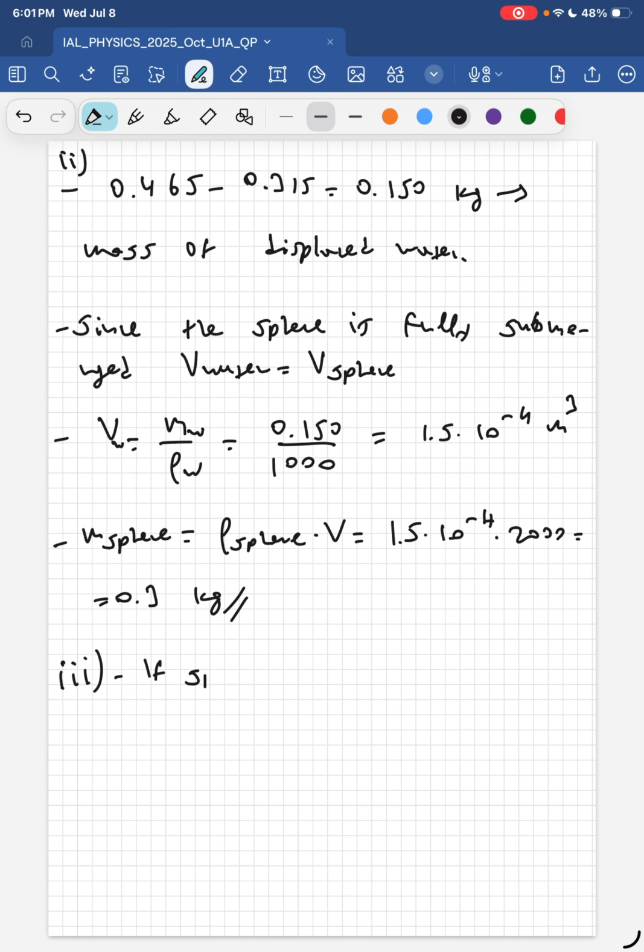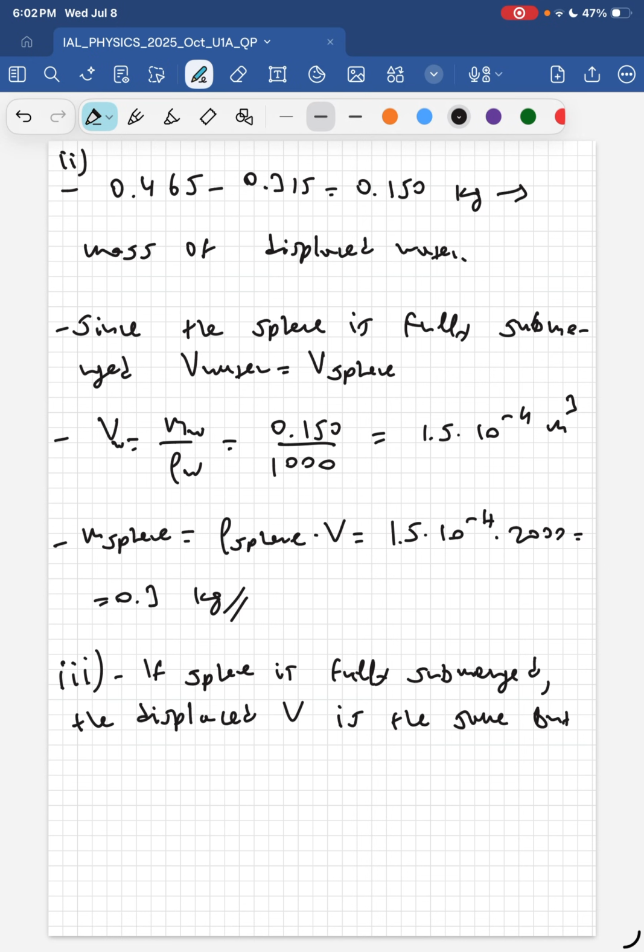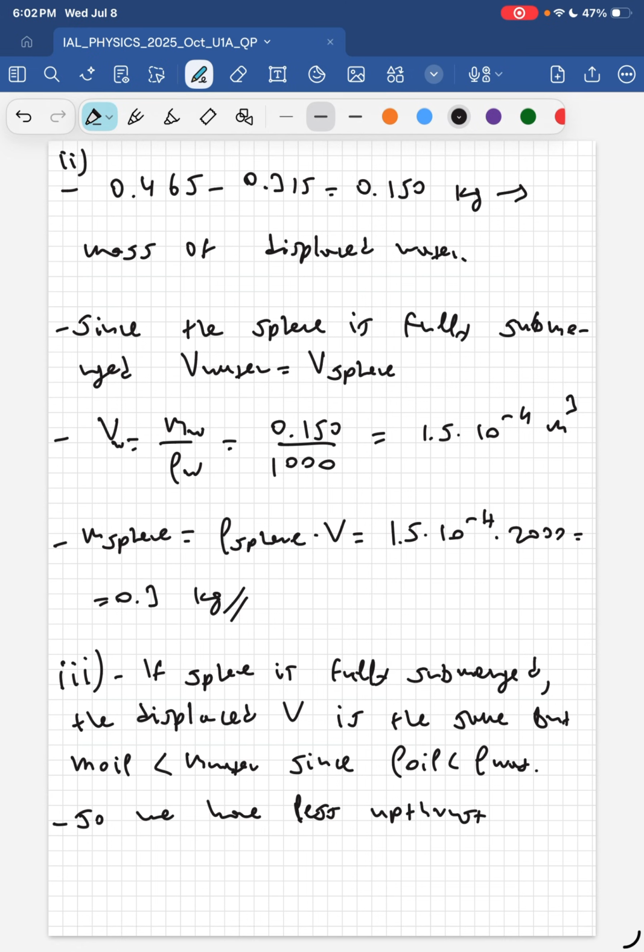So if the sphere is fully submerged, the displaced volume is the same, but the mass of oil displaced is less than the mass of water, since the density of oil is less than the density of water. So we have less upthrust, and less force pushing down.